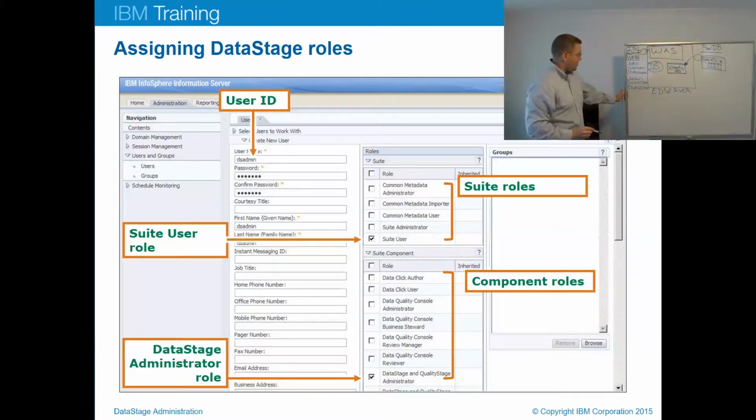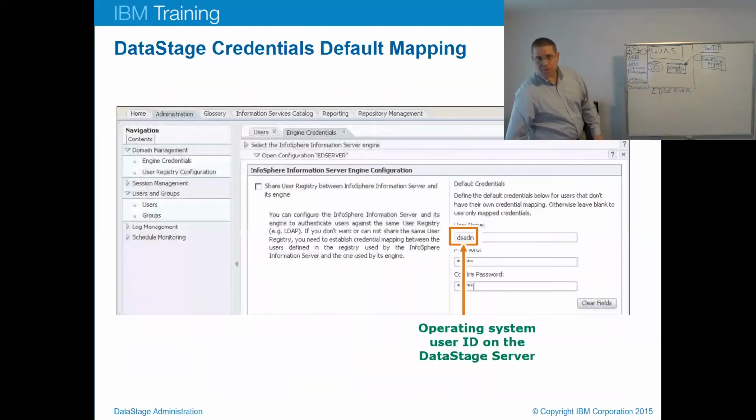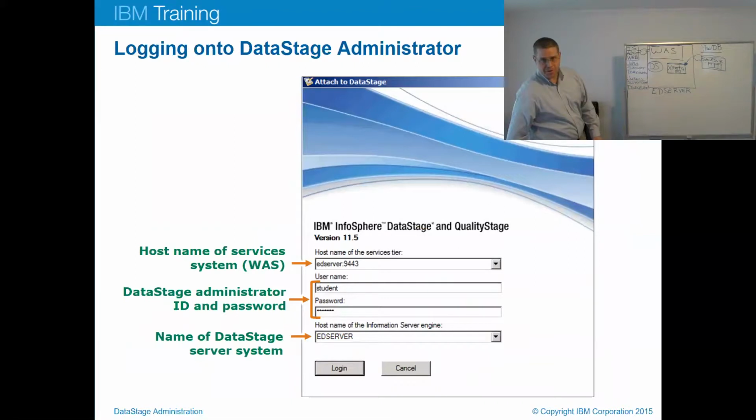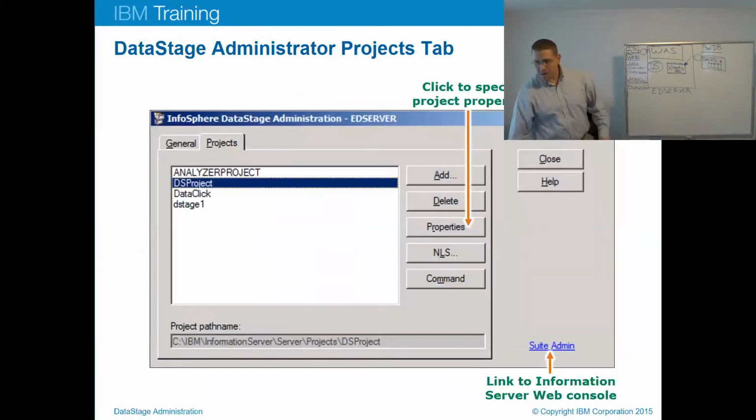What that means is that if there's a project already out there called DS Project, when we go into the DataStage Administrator, here's the DataStage Administration console, and log in.